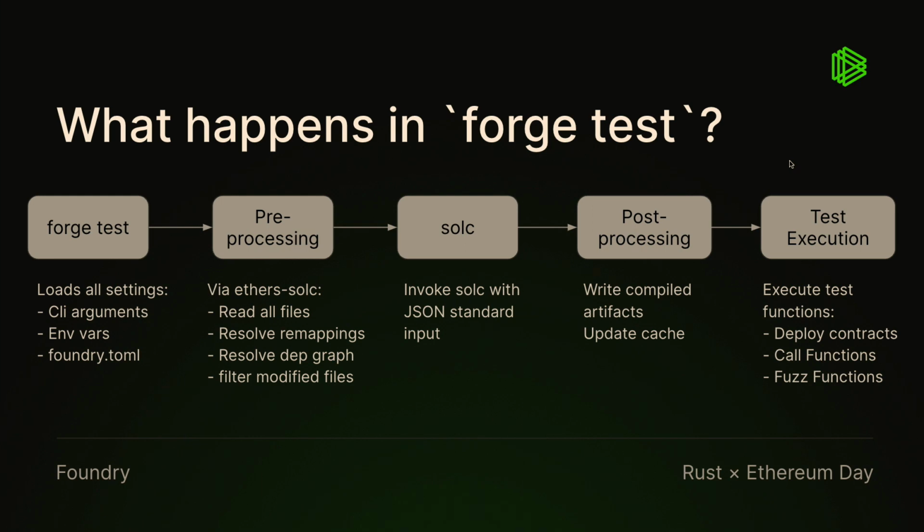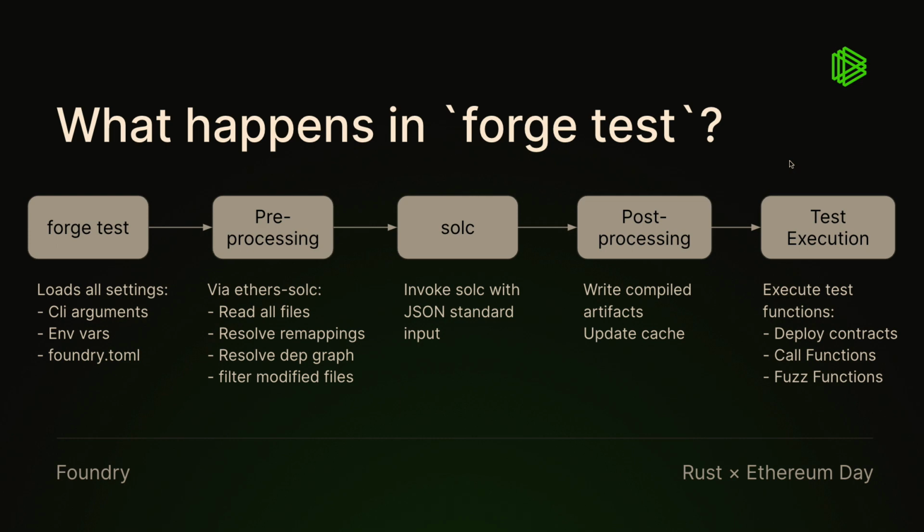Then we load all environment variables for, I don't know, RPC endpoints that you want to use during testing. And we also merge it with our Foundry TOML configuration file. This is where you can configure solc-specific arguments like optimizer settings, fuzz runs, things like that.